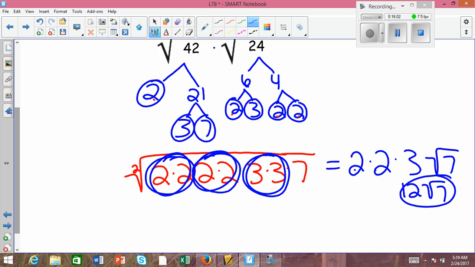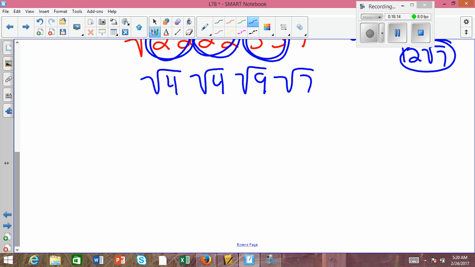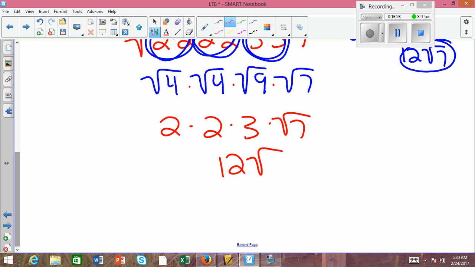You could also look at it as the square root of 4 times the square root of 4 times the square root of 9 times the square root of 7, because they can be combined into separate radicals. This would be 2 times 2, remember multiplication in between each of these, times 2 times 3 times the square root of 7, which ends up being 12 square root 7. What is this called? Simplified radical form.